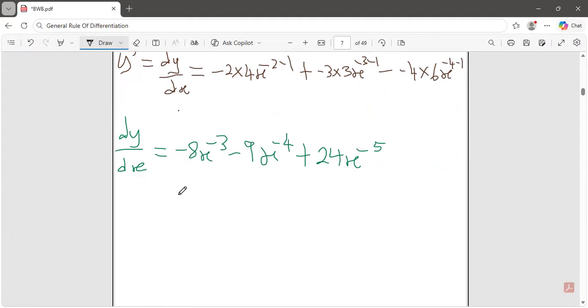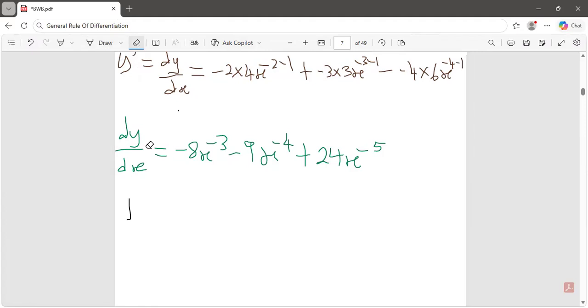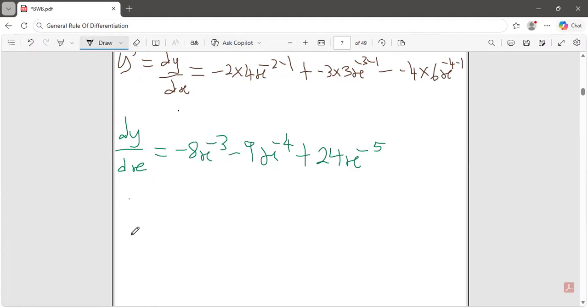So better still, we can write our final answer as our dy dx. Or better still, we can also leave it that way. That is the dy dx.